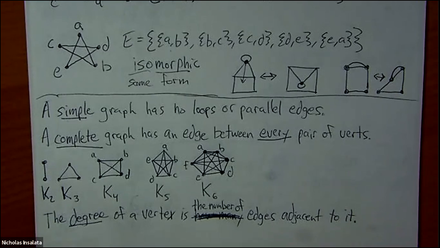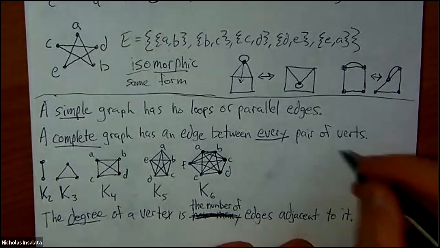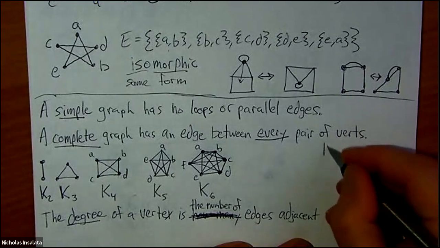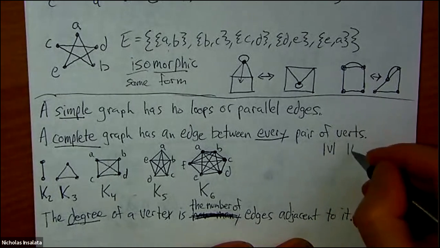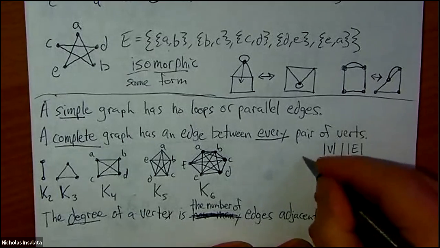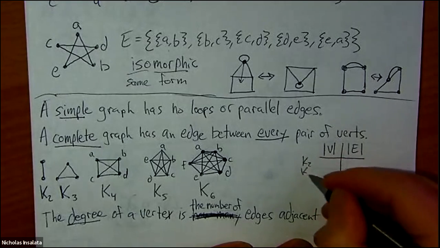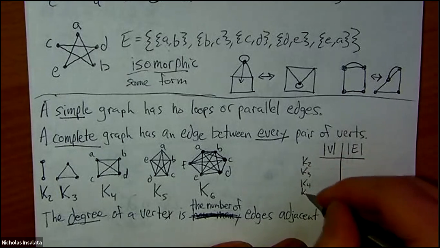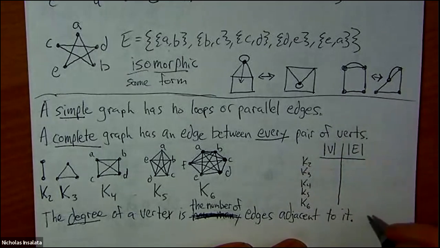Cool. All right. So let's talk just a little bit more about these complete graphs. There's another way that I could figure out if I finished out the graph correctly or not. And to do that, I'd like to make a little table. So if I have the number of vertices here and the number of edges here for a complete graph, I have K2, K3, K4, K5, and K6, right?